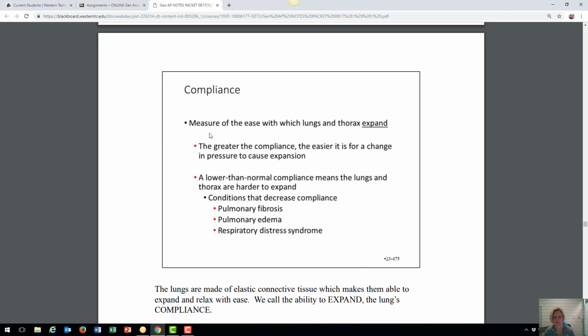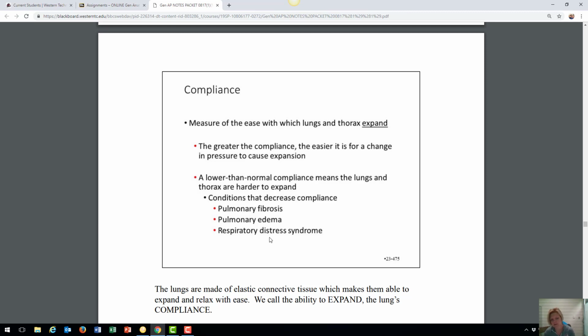So again, compliance is the ability of the lungs to move with the chest wall when we breathe. So sometimes the lungs don't want to move with the chest wall when we inhale. If the lungs are stiff due to pulmonary fibrosis, if there's a lot of water around and inside the lungs, that's going to increase the surface tension. That's going to prevent the lungs from moving outward because there's going to be too high a surface tension.